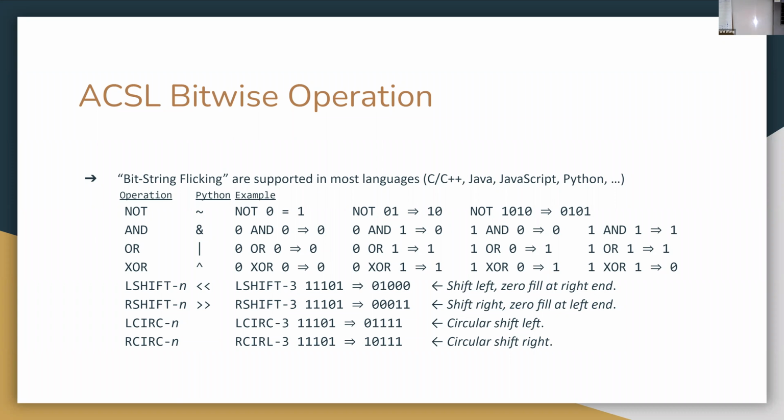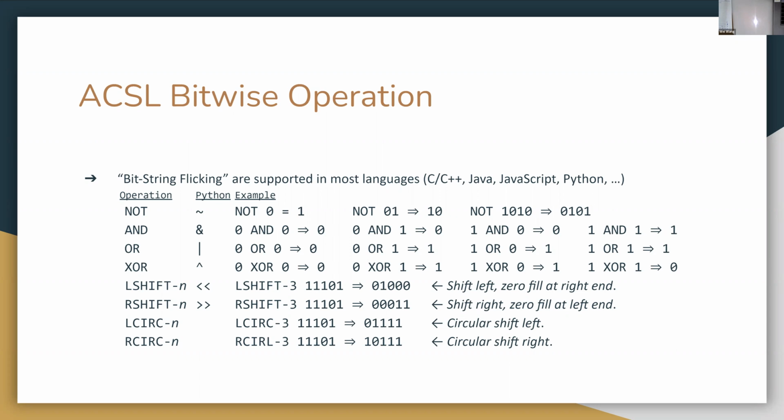Okay, so these are the operators that ACSL defined for bitwise operations. Okay, that's what they call bit string flicking. I don't know why they call it that, but well, so there's the NOT operator. The NOT operator is basically flicking the bits, really, right? 0 becomes 1, 1 becomes 0, if you do a NOT.